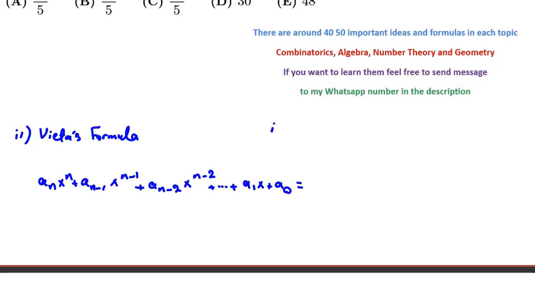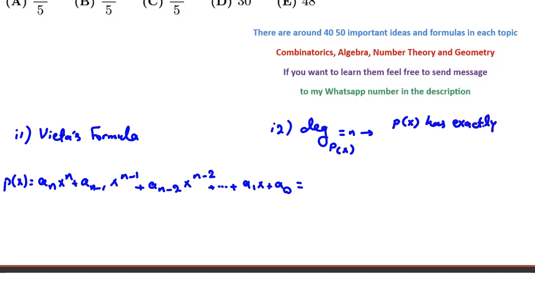Okay, so this we can call idea 2. When the degree of a polynomial, suppose it is p of x, is n, then p of x has exactly n roots in complex numbers, and p of x has at most n roots in real numbers.